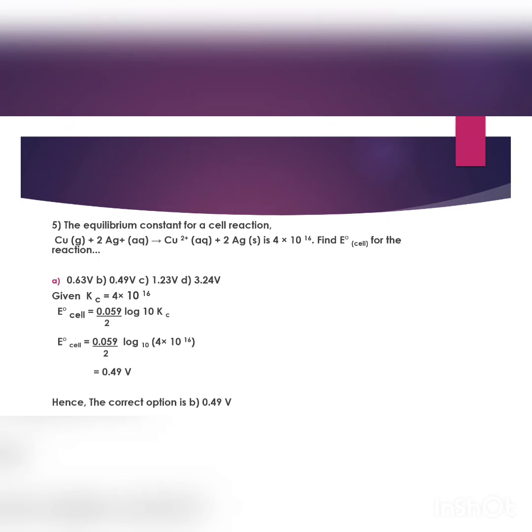E naught of cell is equal to 0.059 divided by 2 log of 10 into Kc. Therefore, E naught of cell is equal to 0.059 divided by 2 into log of 10 to 4 into 10 raised to 16. On simplifying, we get the answer as 0.49 volts. Hence, the correct option is B, that is 0.49 volts.